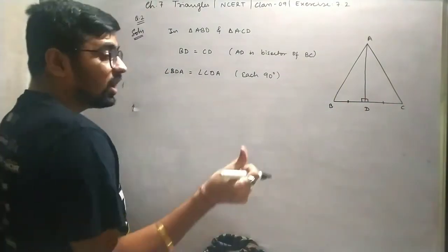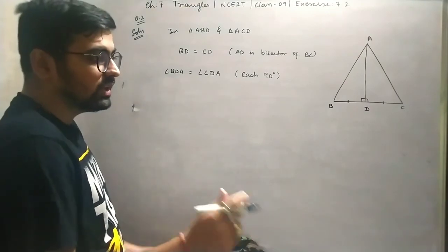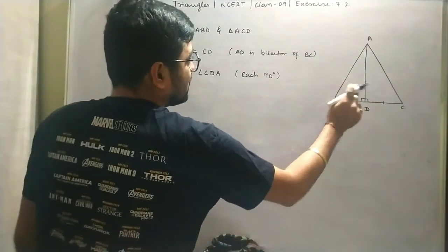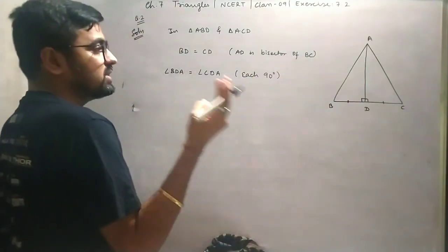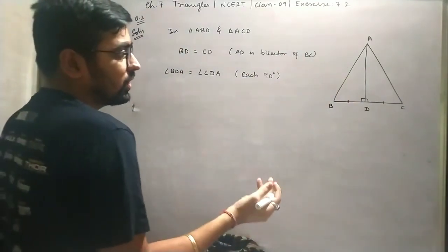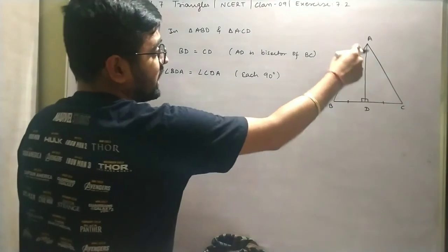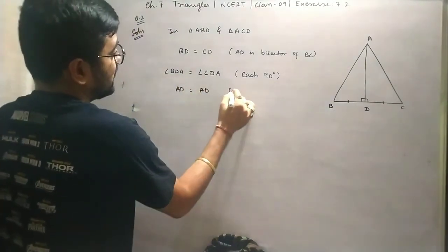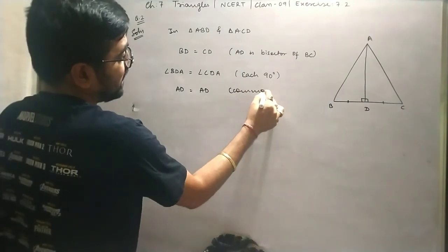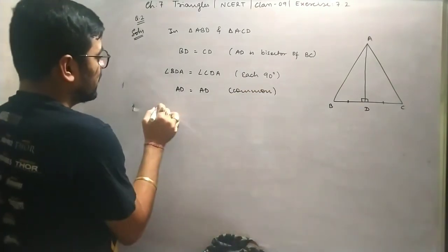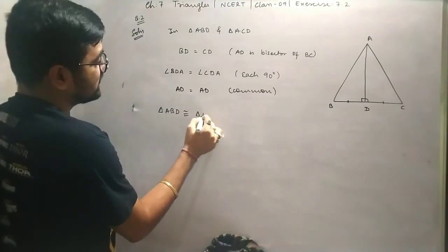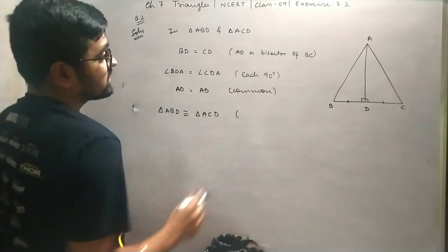Simple. And the third criteria, which is important to realize because it is not given directly. If you look at these two triangles, the third condition which helps us to prove this as congruent triangles is going to be AD common. Correct? AD common. That's how we can prove these two triangles as congruent. But by help of which criteria can I say these two triangles are congruent?